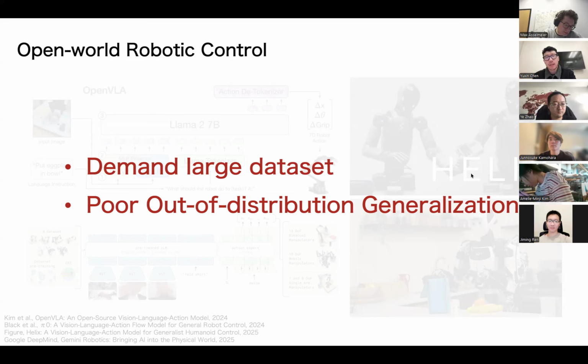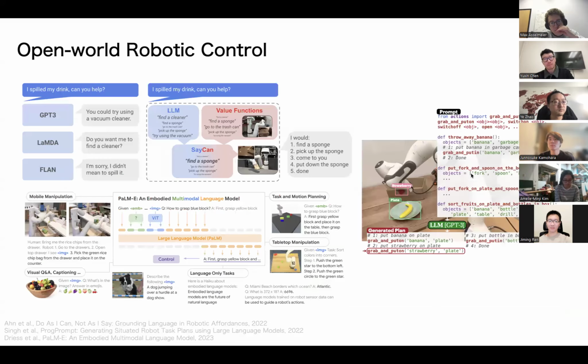The second limitation is also very severe, which is poor out of distribution generalization. Even if we train the foundation model from a very large data set, we still have to make sure the deployment scenarios are kind of in distribution. It's not good at handling out of distribution cases. Similarly, if we try cross embodiment deployment, the performance drops severely.